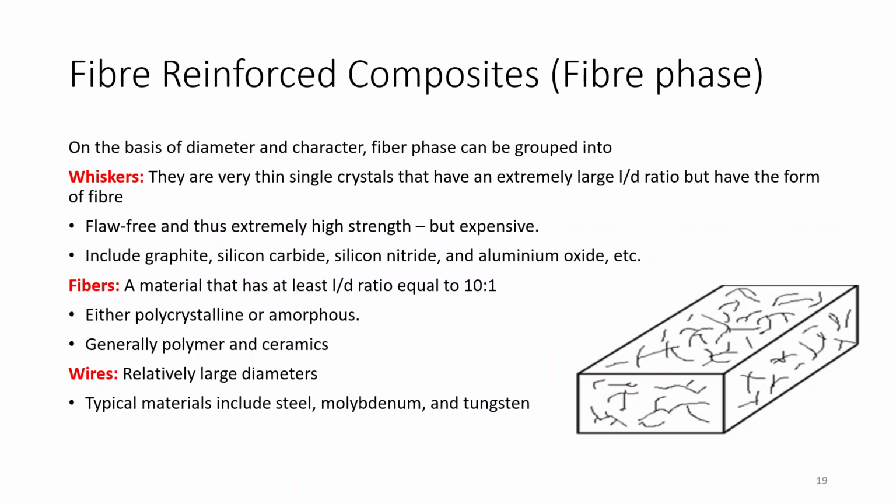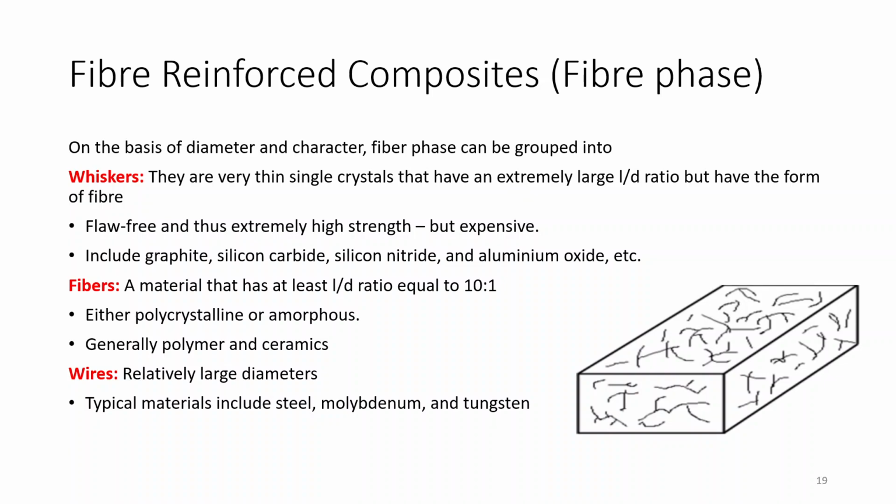These are flaw free. They have very few defects because they are very small in size, and thus they are extremely high strength materials. But these are very expensive, and these include graphite, silicon carbide, silicon nitride and aluminum oxide, etc.